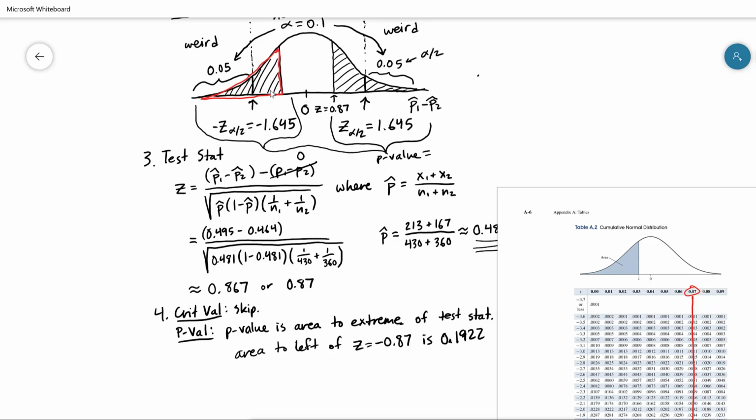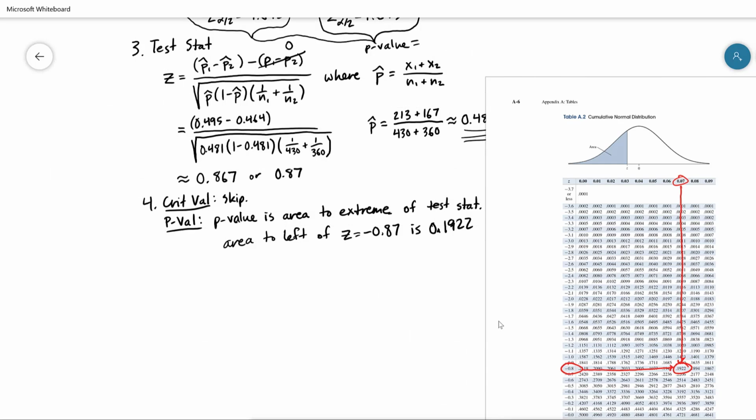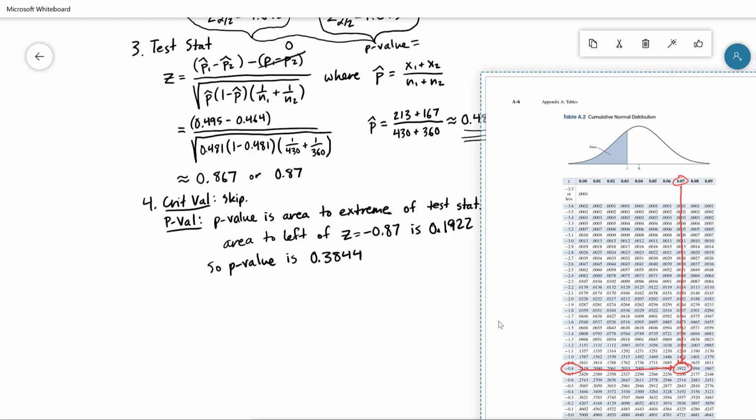If I want the combined area, I need to now double this number. So if I double that number, we do 0.1922 times 2, I get 0.3844. So the p-value is 0.3844. So let me delete my table over here so it stops snapping back to it.